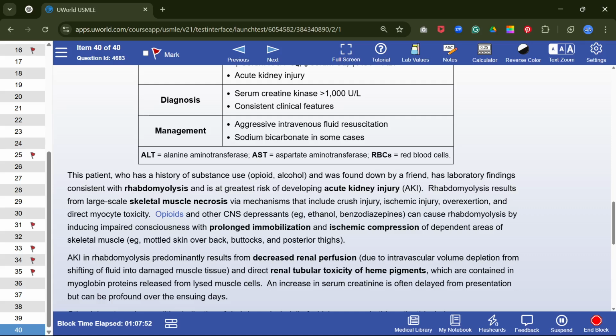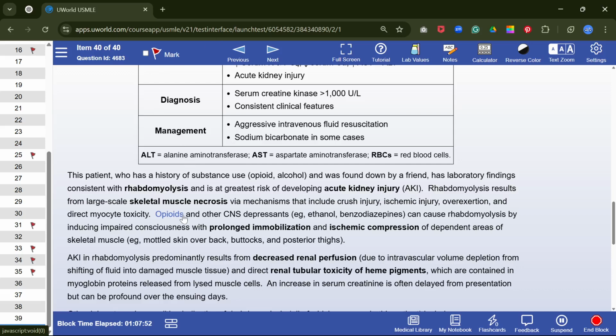Rhabdomyolysis results from large-scale skeletal muscle necrosis via mechanisms that include crush injury, ischemic injury, overexertion, and direct myocyte injury.